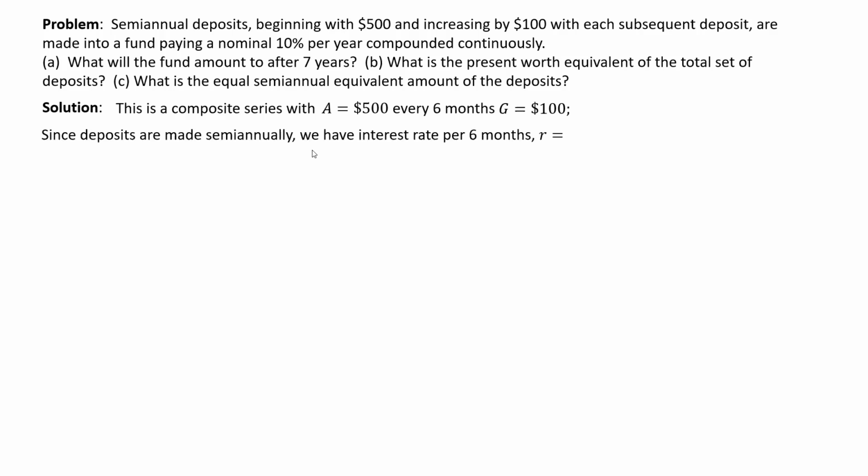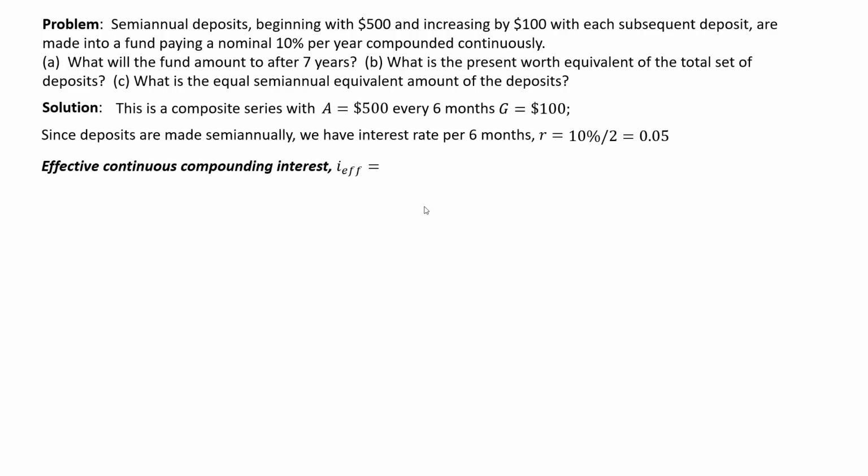Since deposits are made semi-annually, we need the interest rate per 6 months. Deposits are being made every 6 months, right? So what is the interest rate for that 6-month period? You have a nominal interest rate of 10%, and we divide by 2 because there are 2 periods in a year. So the interest rate per 6 months is 0.05.